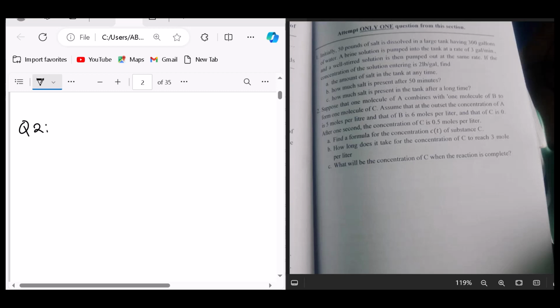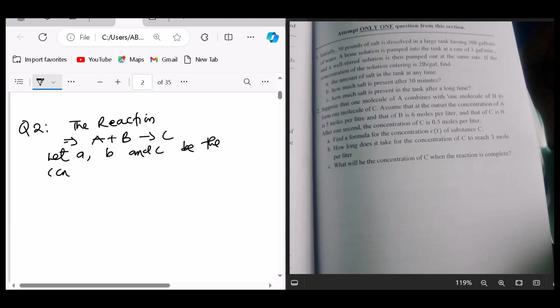So the reaction is A plus B going to C. They said that 1 mole of A combines with 1 mole of B to form 1 mole of C. So let small a, small b, and small c be the concentrations of the substances A, B, and then C.